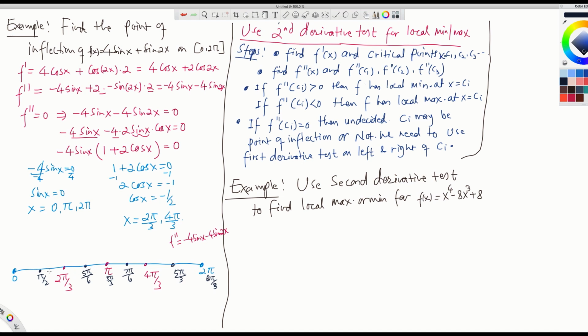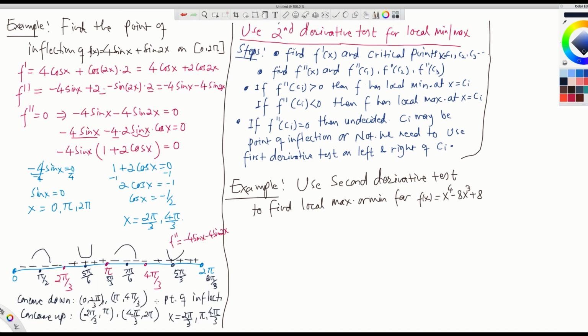So let me write down the sign there. These are the possible points of inflection, right? So let me check the sign here. I want to use the calculator for that.